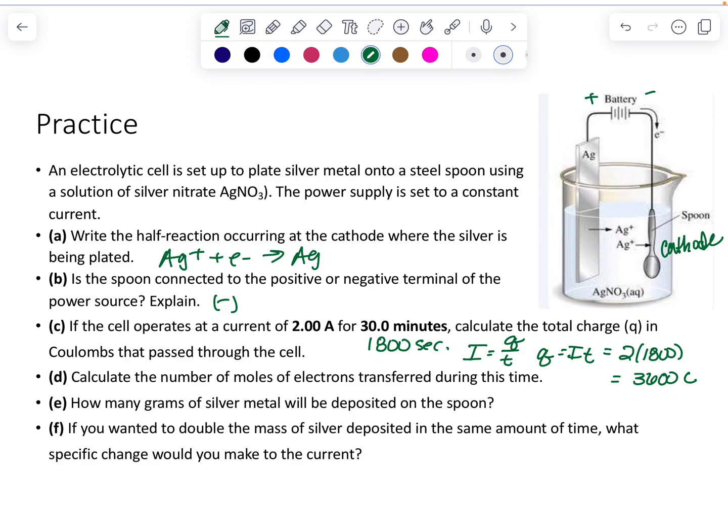Okay, so then we have calculate number of moles of electrons transferred during this time. So we're going to use Faraday's number as just like a little conversion factor. So 96,485 coulombs per mole of electrons. So we're going to divide by Faraday.